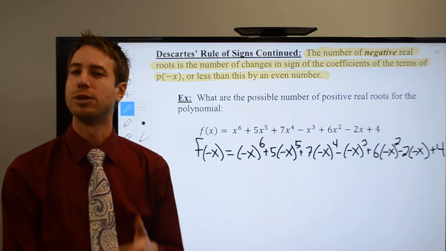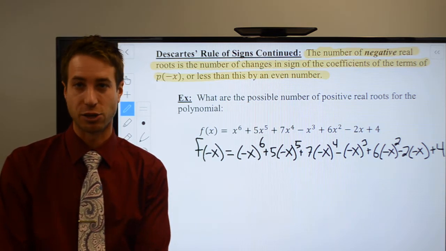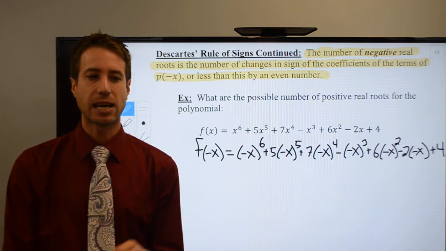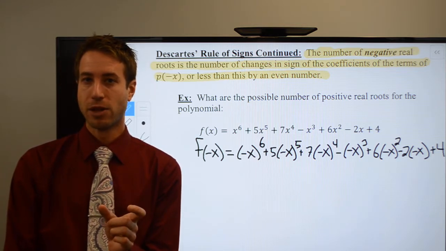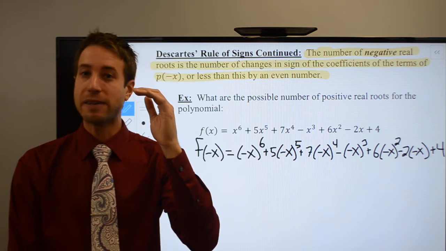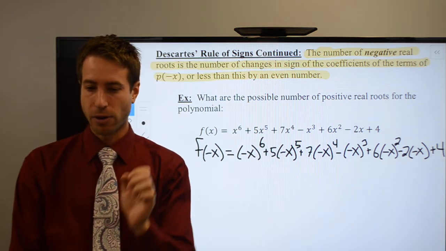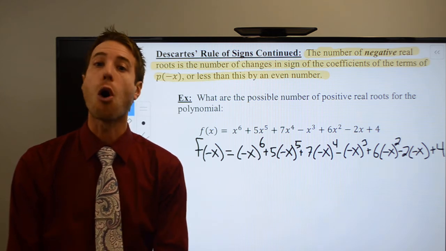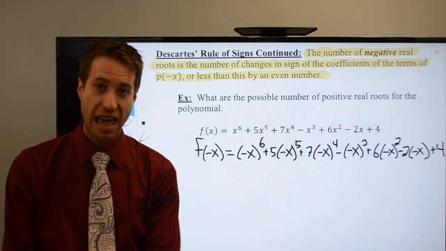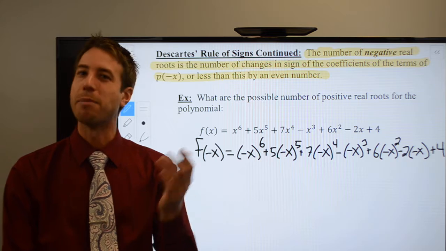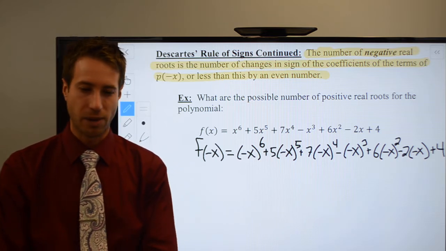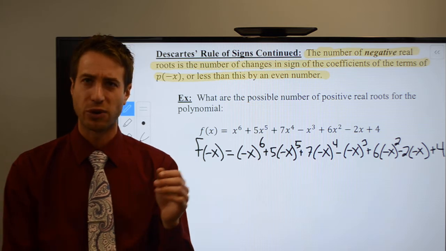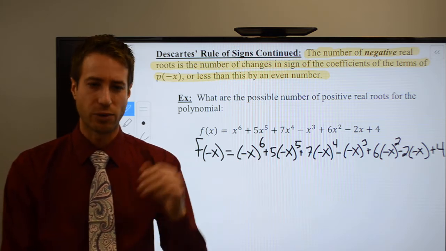Now we're going to do just a little bit of really simple algebra. You guys should remember, anytime you have a negative number raised to an even power, the result is always going to be positive every single time. Go ahead and try a bunch of them on your calculator, right? Do a negative 3 squared, a negative 3 to the 4th, negative 3 to the 6th, negative 3 to the 8th.